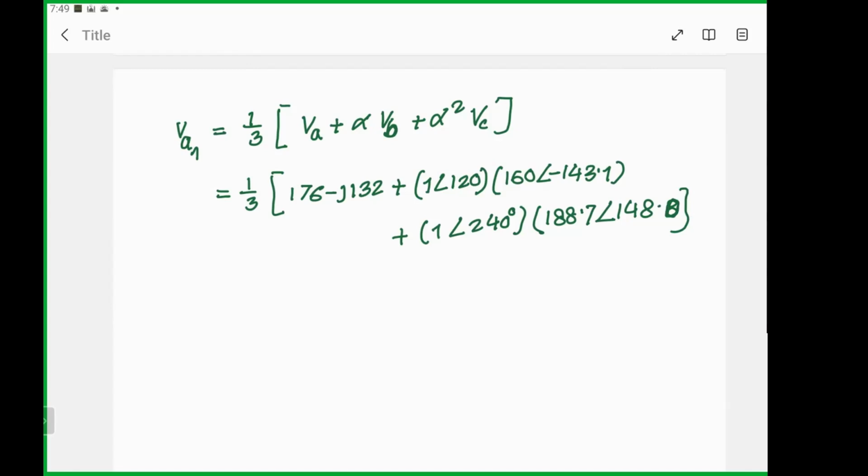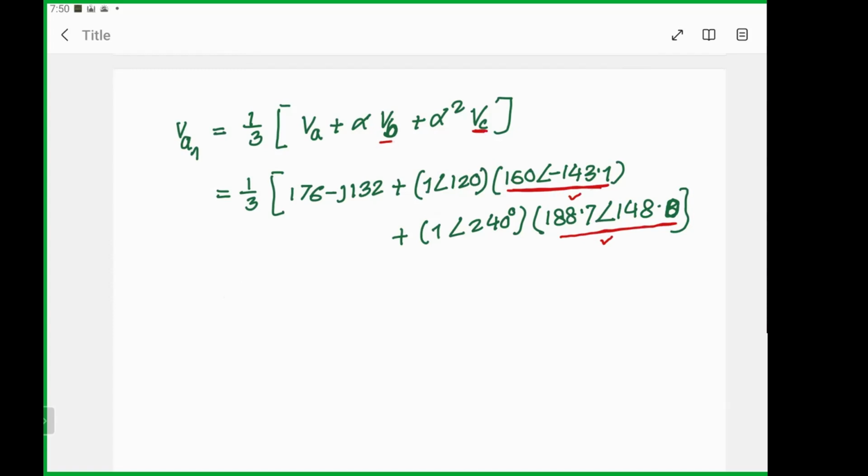Those who didn't follow where this comes from, I have just converted rectangular to polar form. We need to do it because of this multiplication. So both this one and this one are actually this value, but in polar form.